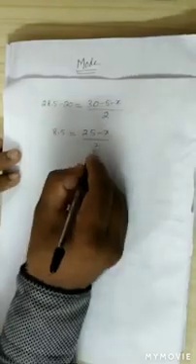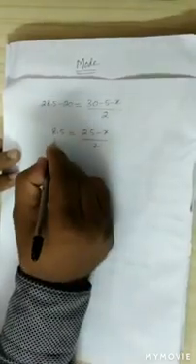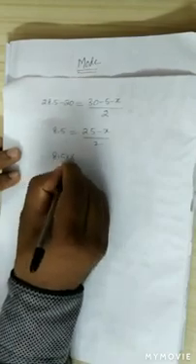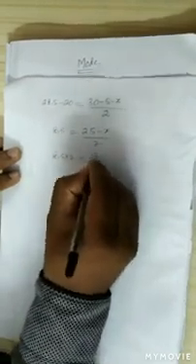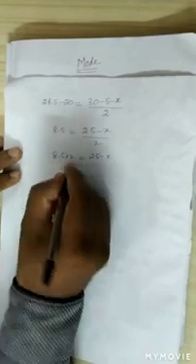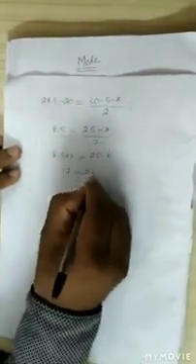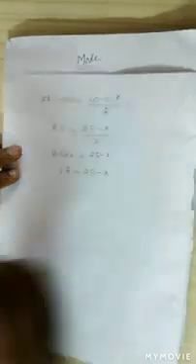Now I'm going to send this 2 to that side. It's getting divided here, so when it transposes, it becomes multiply. So 8.5 into 2 equals 25 minus x. If you multiply, 17 equals 25 minus x.